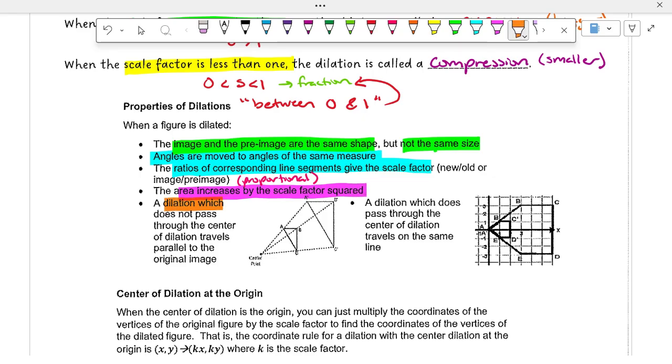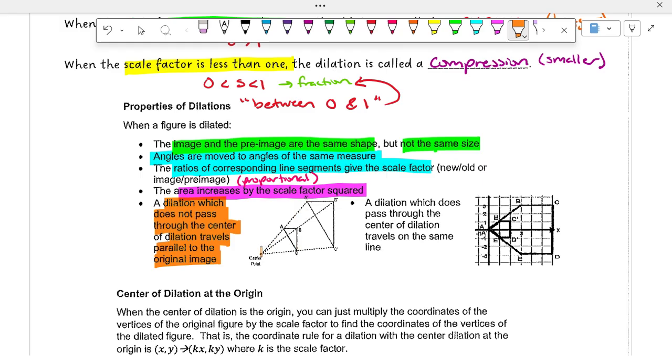And the dilation, which does not pass through the center of dilation, travels parallel to the original image. So it should not pass through the center of dilation unless our figure was originally on that center of dilation. All right, so here are some examples of dilation.